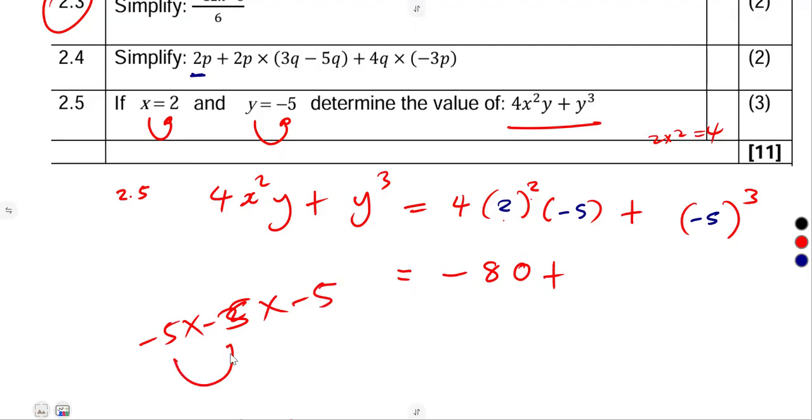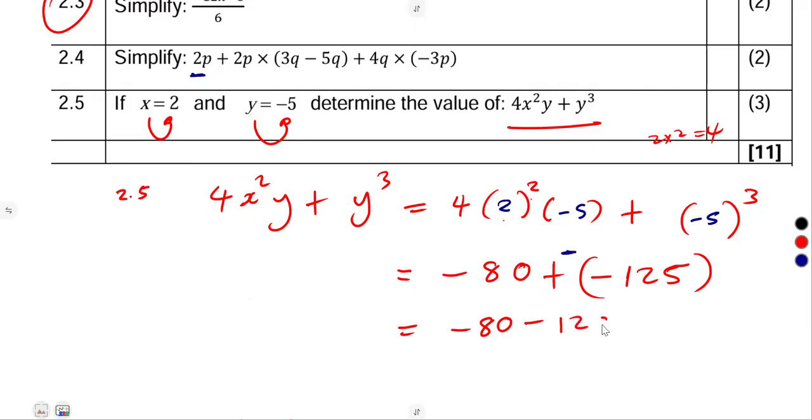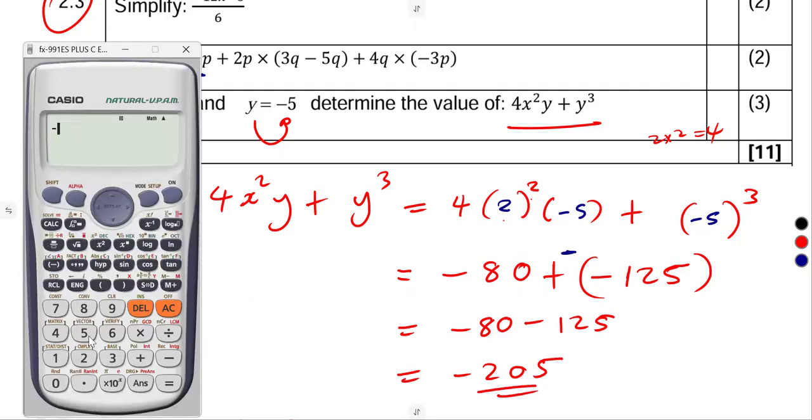So this one is positive 25 times a negative 5, which is what? Negative 125. Remember where a positive and a negative is, we are going to have a negative at the end. So that's negative 80, negative 125. Minus 80 minus 125, which is what? Minus 205.